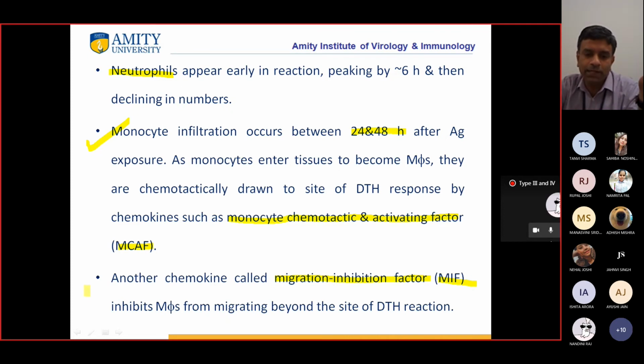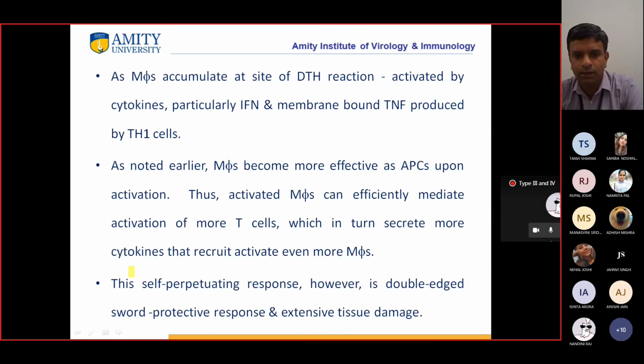So again, this is very interesting because one is calling them and another cytokine is not letting them go. So one cytokine, MCAF, is recruiting the cells to the site, and another cytokine, MIF, is not allowing the macrophages to go beyond this site. So this is so interesting, right?